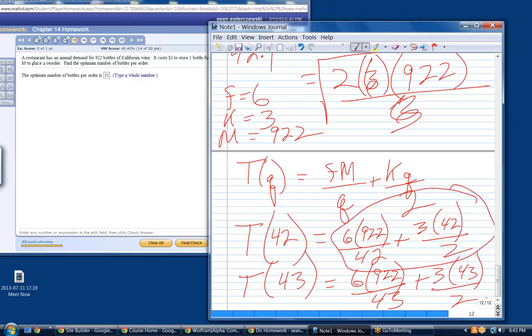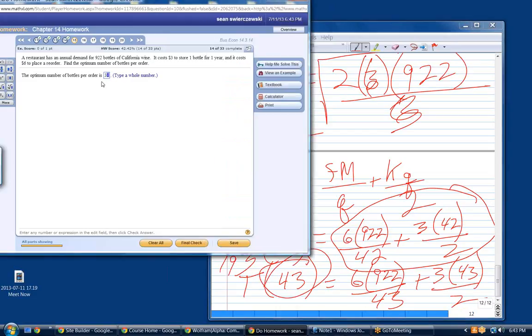The top one is 194.7. Bottom one is 193. So 43 is our correct answer, according to that. Yeah, hopefully. What odds would you give me?